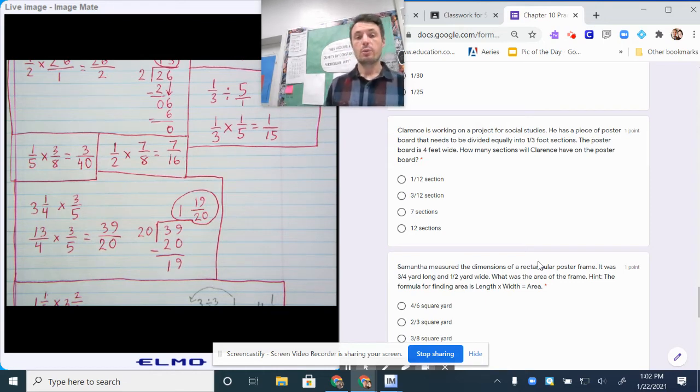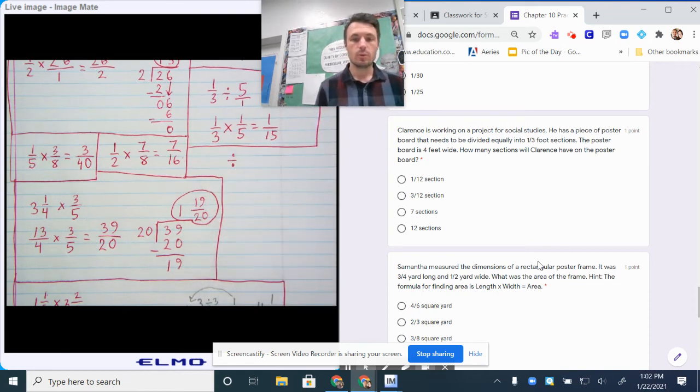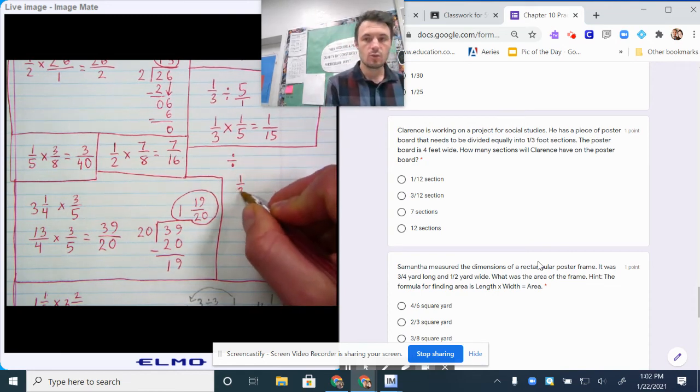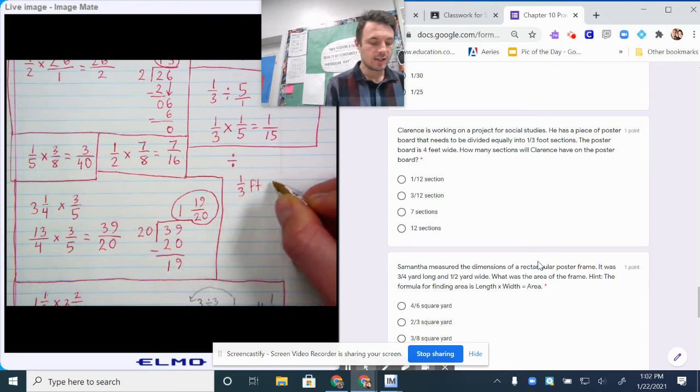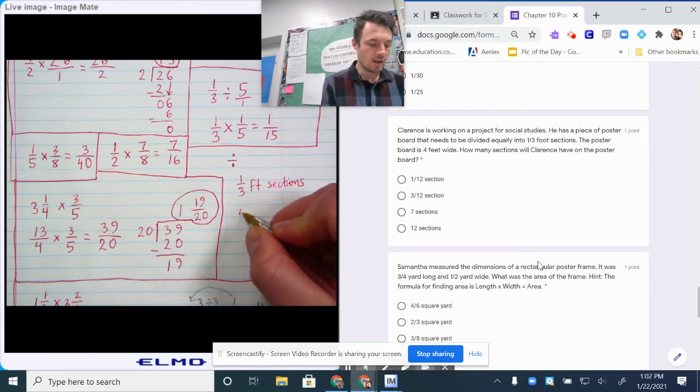Okay, so now we reread the problem. Clarence is working on a project for social studies. He has a piece of poster board that needs to be divided. So we know we're dividing. It needs to be divided equally. We know it's into 1/3 foot sections. The poster board is 4 feet wide.